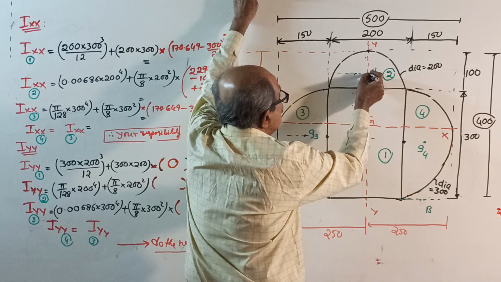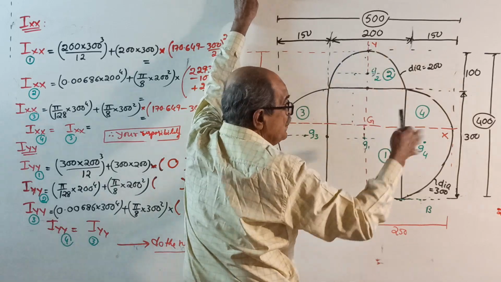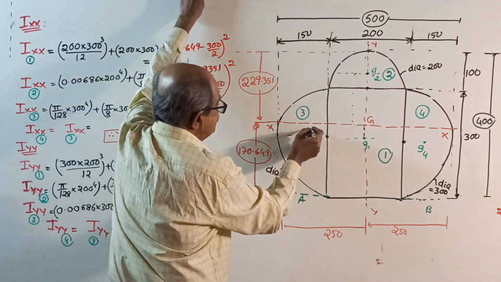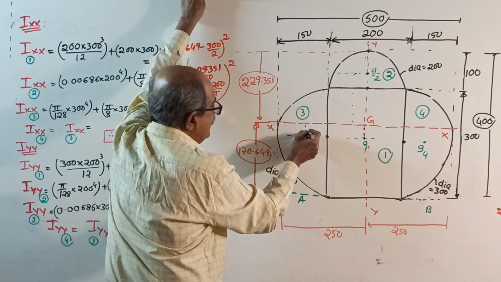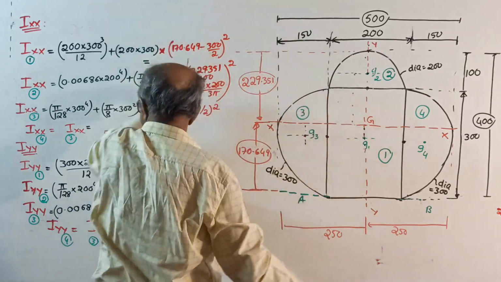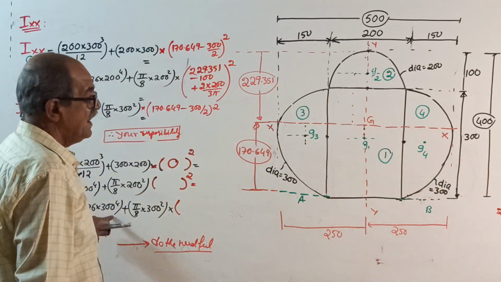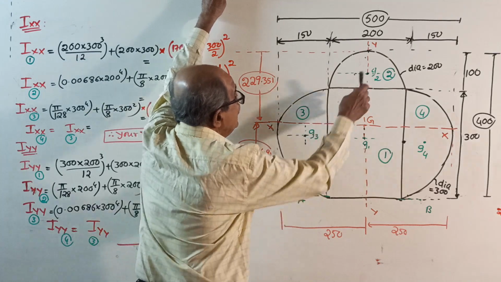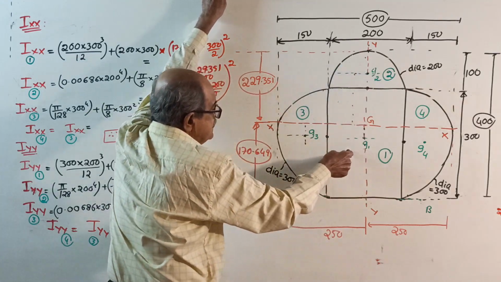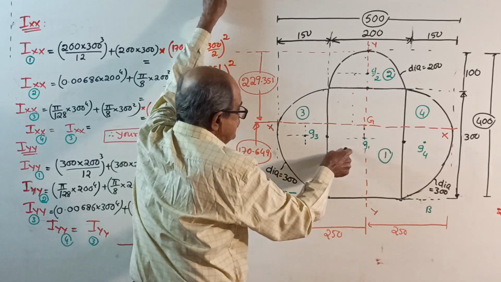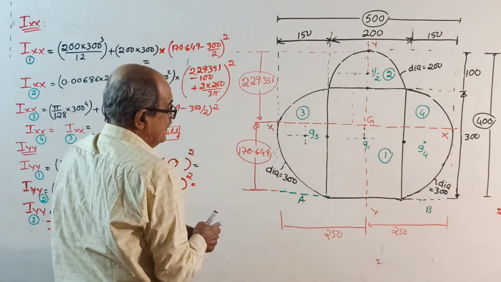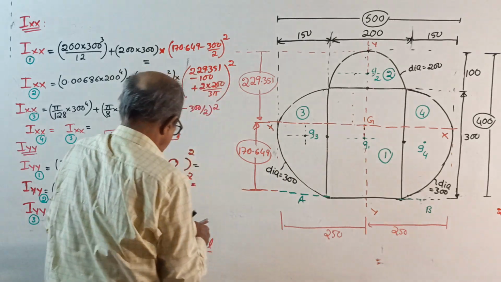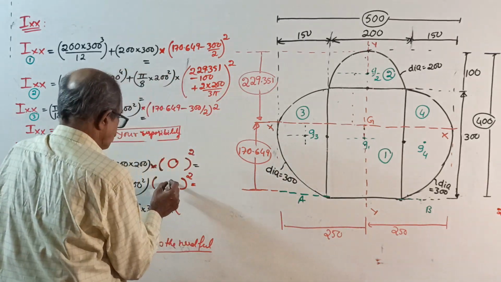Again centroid G2 also lies on YY, so 0 squared. Next, 3. I about its own centroidal axis: 0.00686 diameter power 4 plus area into the distance from centroid G3 to YY squared. As per the sketch here, 250.